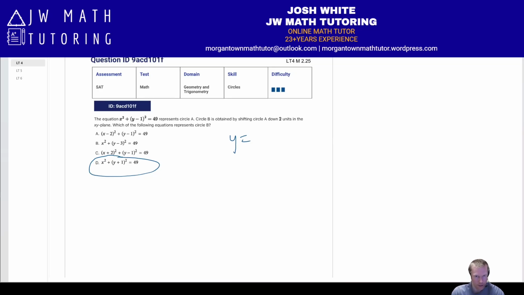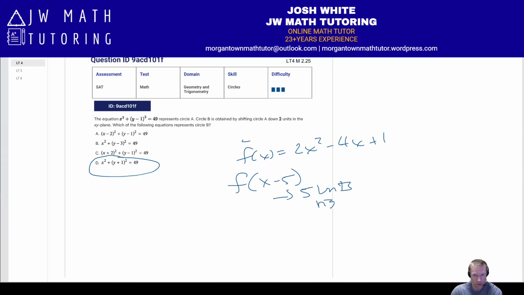Say you have f of x equals 2x squared minus 4x plus 1. Okay. And then I say, I want to shift this 5 units to the right. Technically, the way you would write that is f of x minus 5. You replace every x with an x minus 5. Okay. This corresponds again to a shift 5 units to the right.